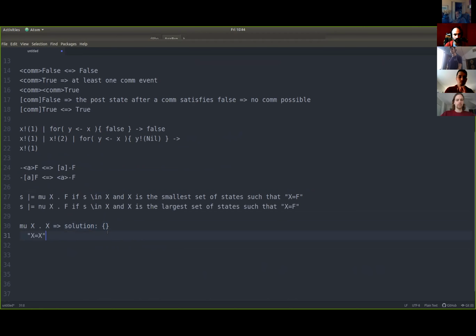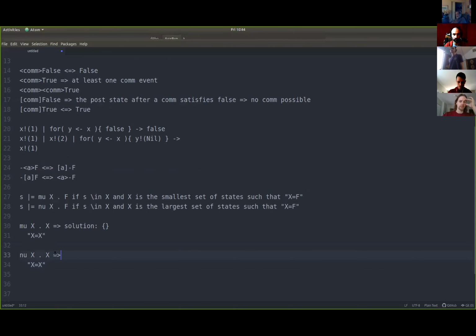Okay. And in contrast, we can talk about this equation nu x dot x. Again, we're still looking at the same equation to satisfy. We're talking about sets of states, right? And so we're saying we care about the largest possible set of states where, I mean, it's just equal to itself, right?